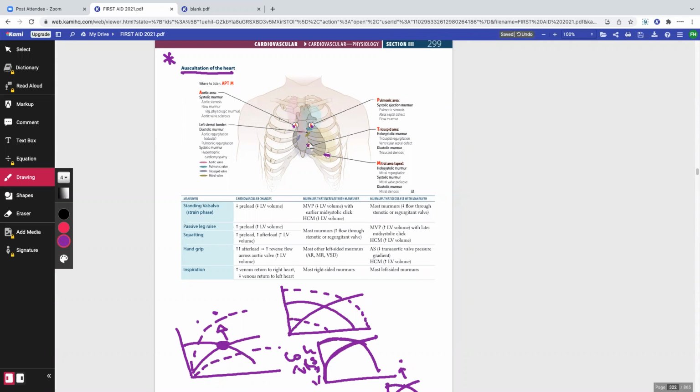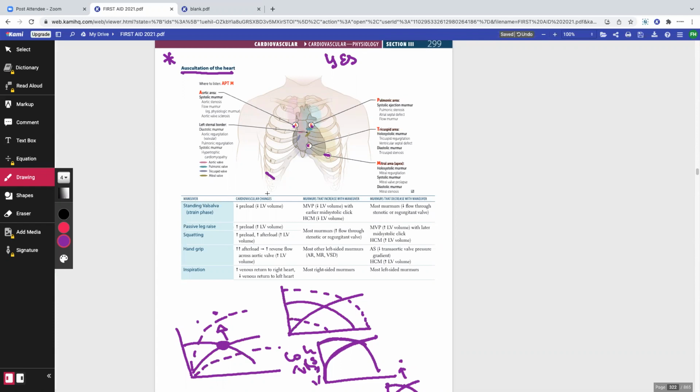So for this, do you have to know the locations of the mitral, tricuspid, pulmonic, and aortic areas? The answer is yes and no. Yes, meaning that when you practice medicine, and the attending physician asks you to auscultate the mitral area, instead of doing it at the left fifth intercostal space, you're just doing it randomly over here or here, that would be very embarrassing.